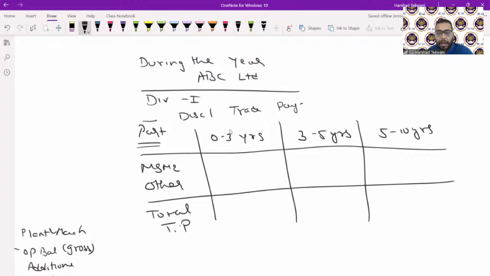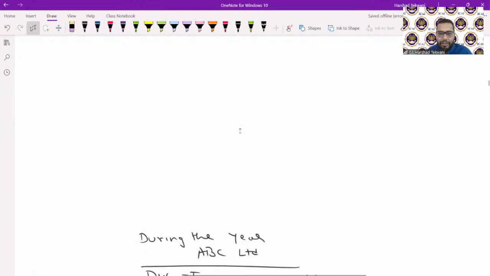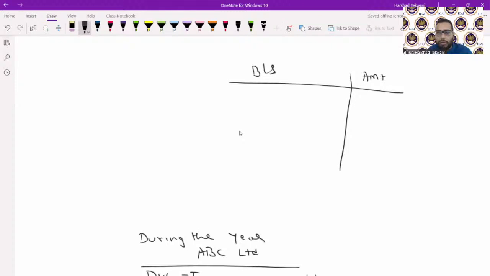Now they thought, since we are giving this aging, there is no need for further disclosure of trade payables anywhere. So while preparing their balance sheet, they disclosed under the head of current liabilities a single line, trade payables, because they said it would be a duplication of disclosure.